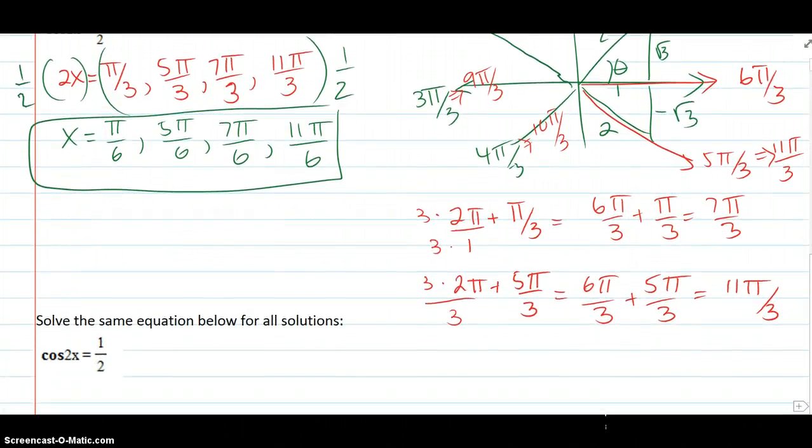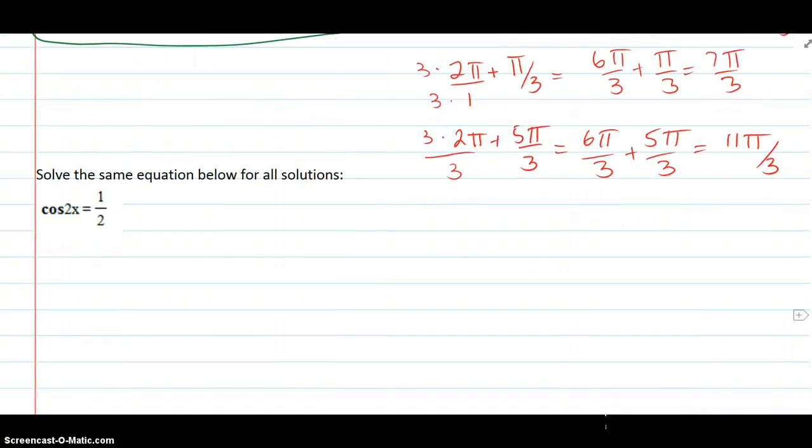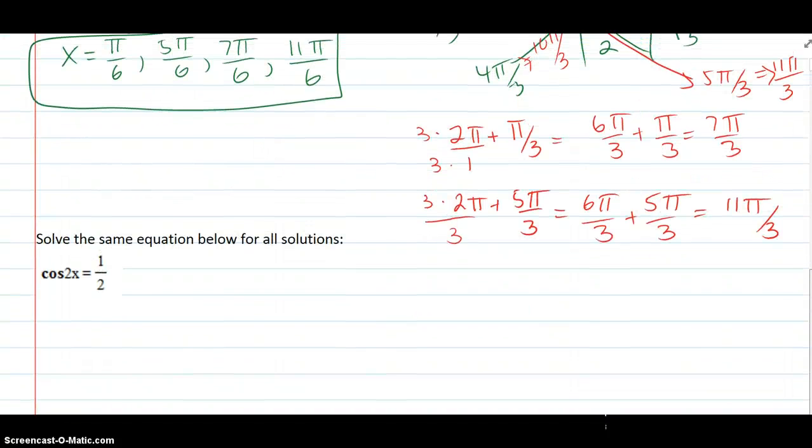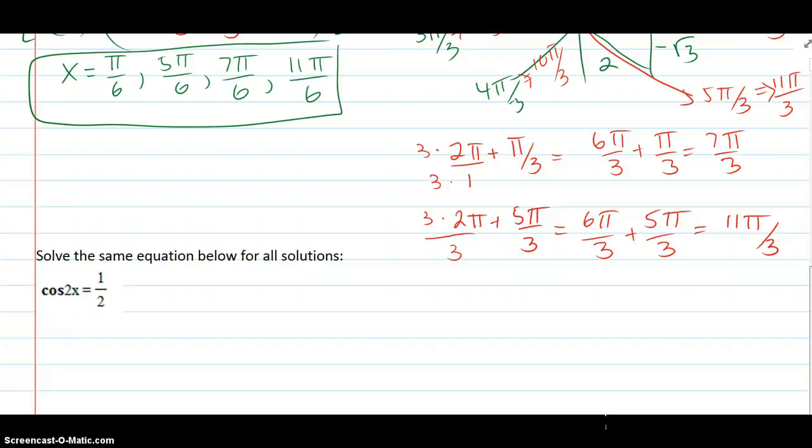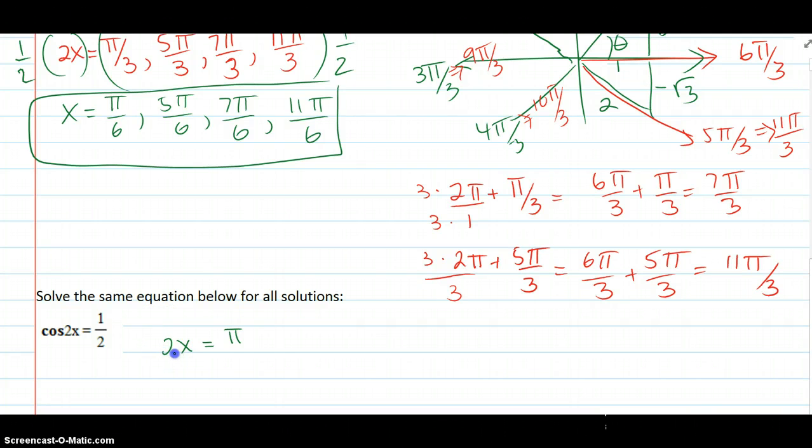Finally, solve the same equation, but now for all solutions. So if I just looked at the radian version here, it's not saying which one to do. I can say that x is equal to, I want to do the original, 2x. 2x, if you remember, was pi over 3 and 5 pi over 3.